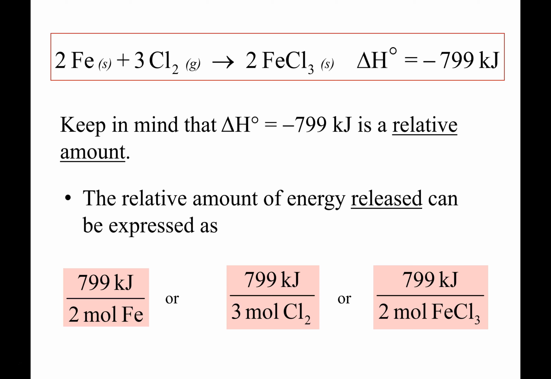Now, I underlined the word released here. This is a sort of problem where you need to keep your wits about you: it's a negative delta H, so energy is released. Notice I didn't put the negative here. Honestly, sometimes I do put the negative here, just to remind myself that it's exo, and I don't think you can go wrong that way, because then that will introduce a negative sign in your problem.